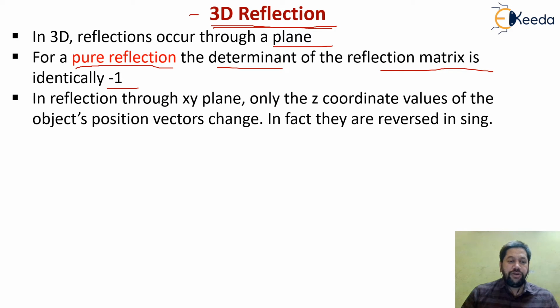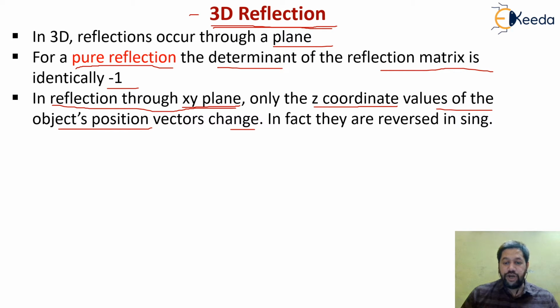Now let us consider reflection through the xy plane, the first type of reflection. If I reflect the object through the xy plane, only the z coordinate value of the object's position vector changes.